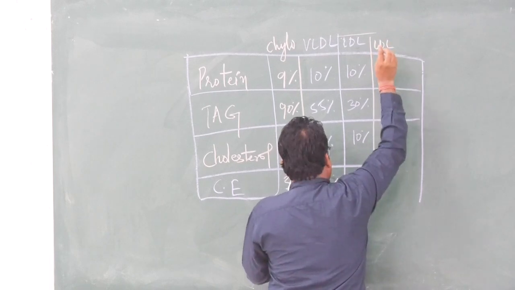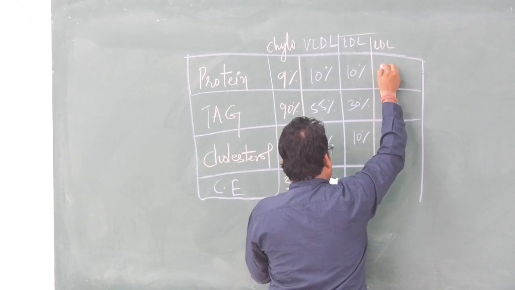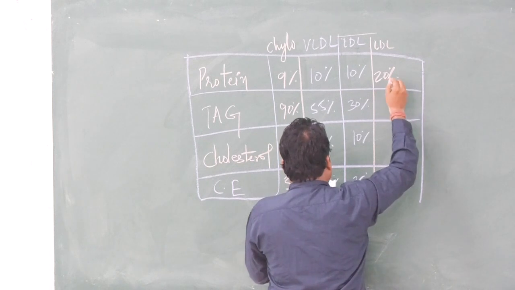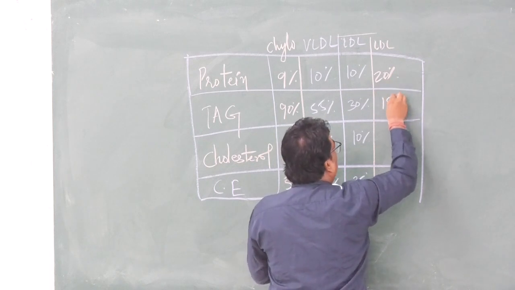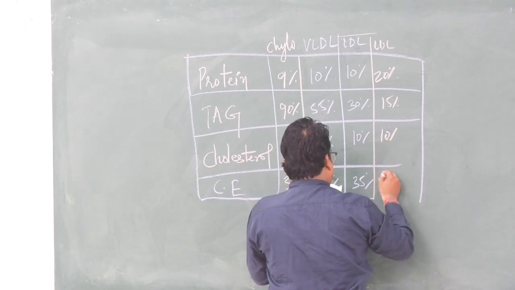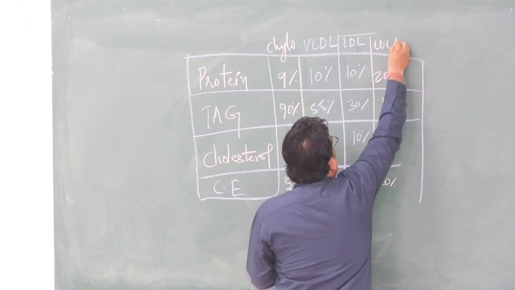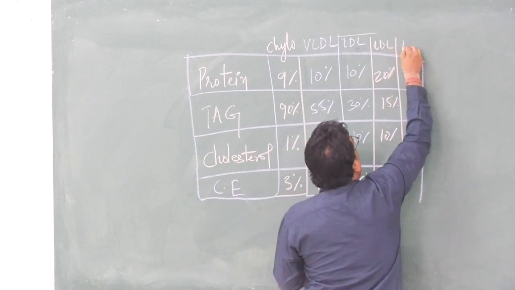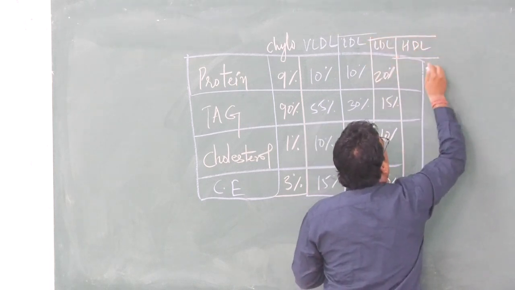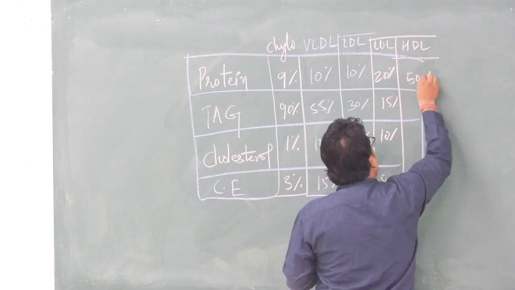LDL contains 20% protein, 15% triglyceride, 10% cholesterol, and 50% cholesterol esters. And the last one, very important, is HDL. In HDL, the lipid portion is more, which is 50%.